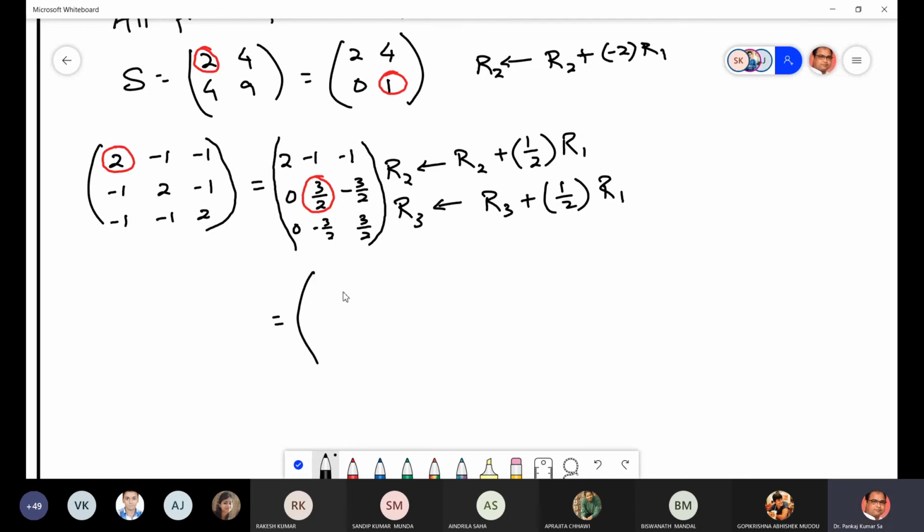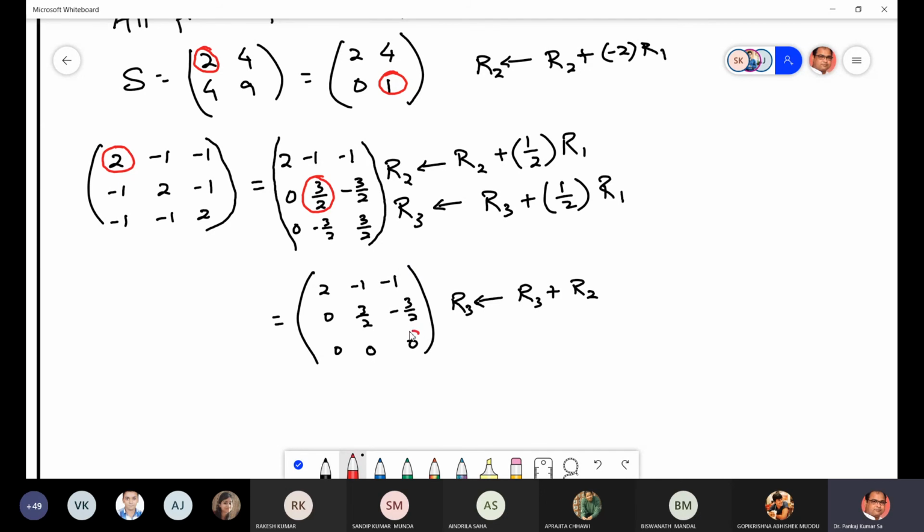What we can do is R3 is equal to R3 plus R2. 2 minus 1 minus 1, 0, 3 by 2 minus 3 by 2, 0, 0, 0.